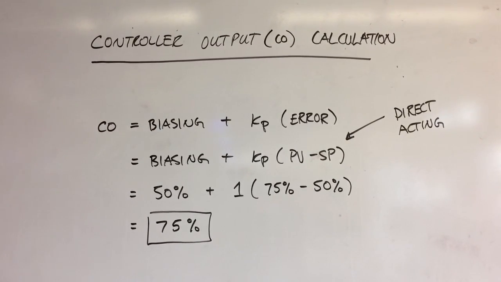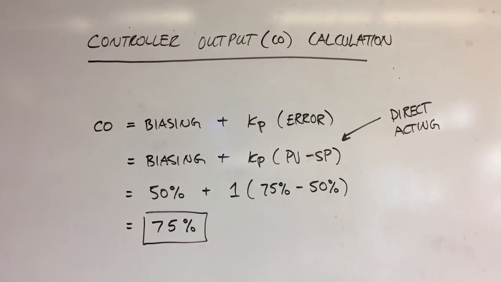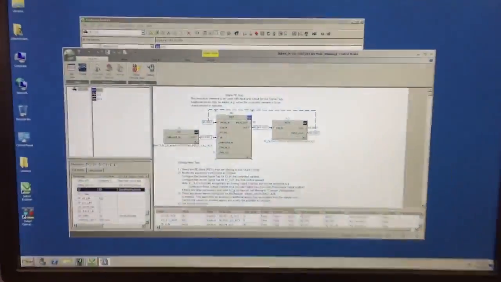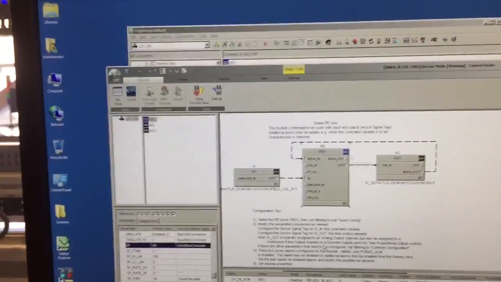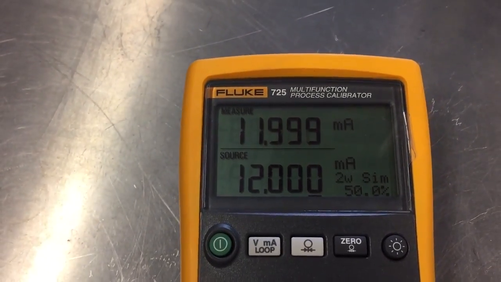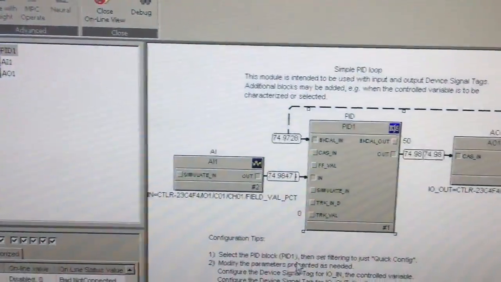If I go back and change our process variable to 75%, we should see our controller output change to 75% as well. So let's go ahead and do that quick. I'm going to change our process variable by increasing our sourced milliamp value to 16. You should watch this change.